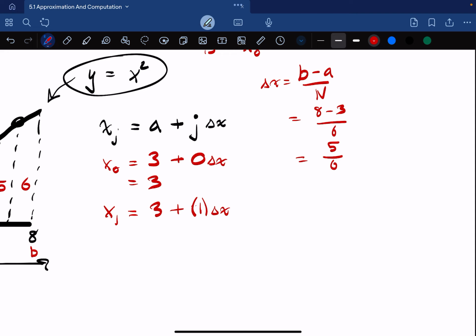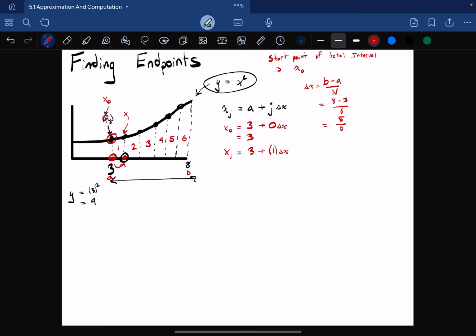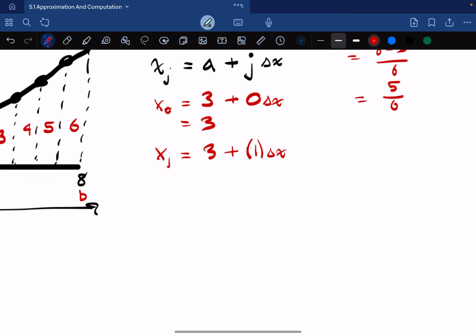Keep in mind, you will often come in contact with fractions when you do this. When you're doing approximation, I hope you get very familiar with fractions because you're going to be using them a lot. Most of the time, you won't be getting a delta x that is a nice number.